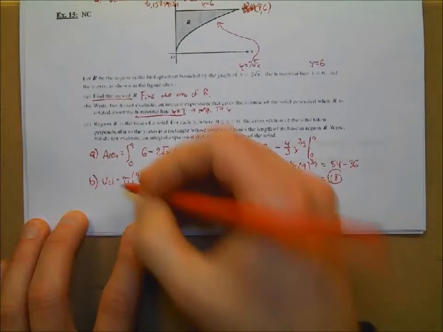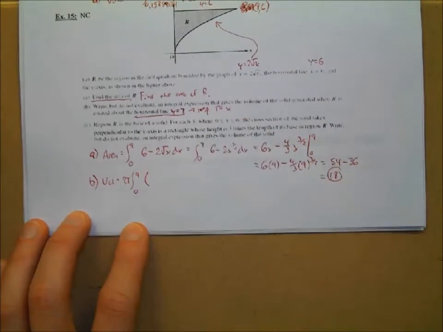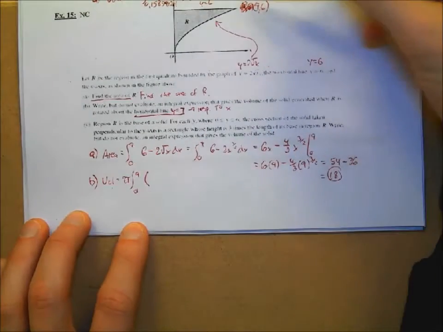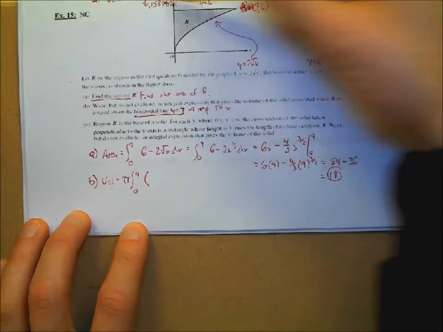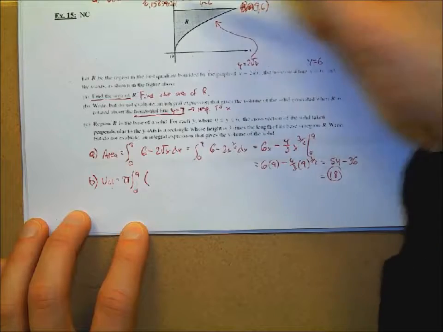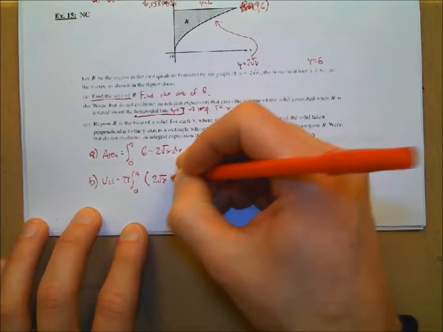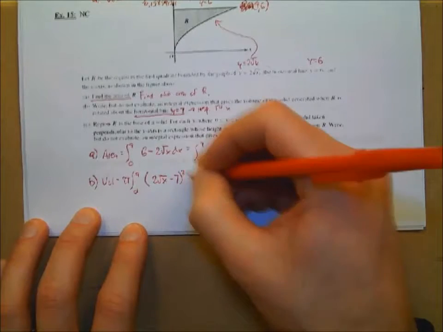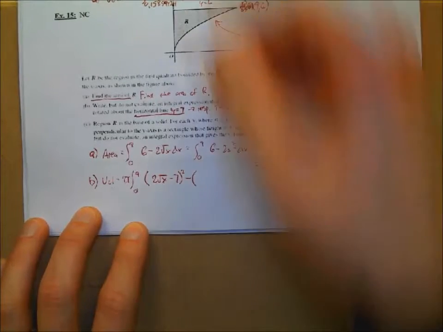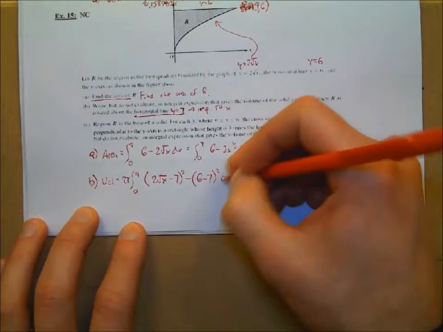For the big radius here, since it's y equals 7, which curve is furthest from our center of rotation up here? Yeah, the 2 root x. So it'll be the 2 root x curve minus the axis of 7, squared, minus the inner curve 6 minus the axis of 7, squared, dx.